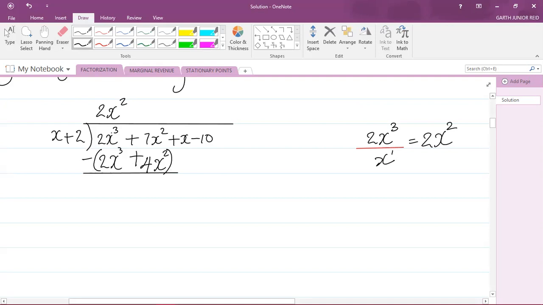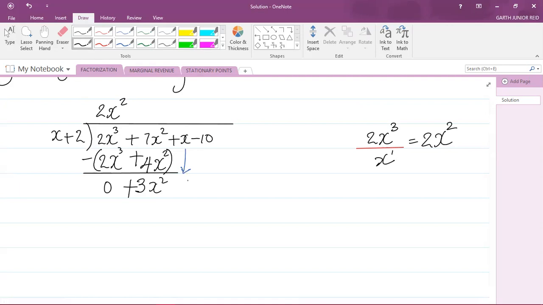Now 2x cubed minus 2x cubed will give me 0, and 7x squared minus 4x squared will give me a positive 3x squared. And I'm just now going to carry down this x here.